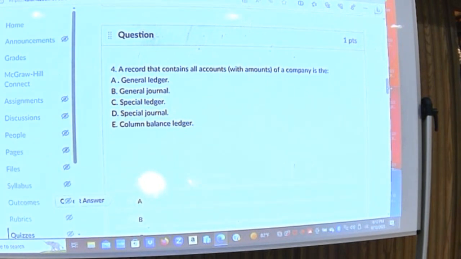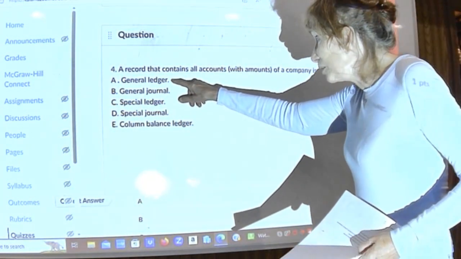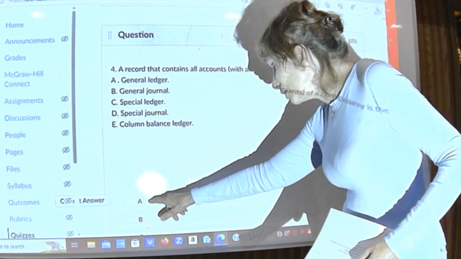Question 4. A record that contains all accounts with amounts of a company, that's got to be your general ledger. Okay, so that's kind of your go-to. Here's your correct response, general ledger, and you can see it's marked down here.